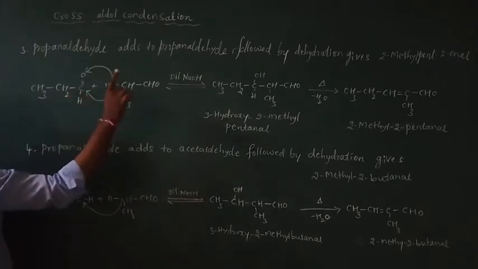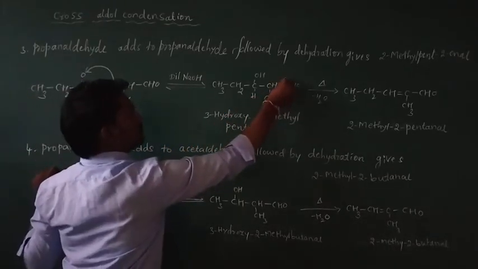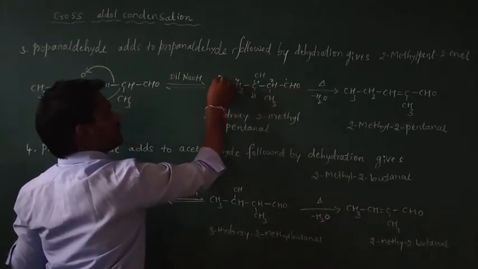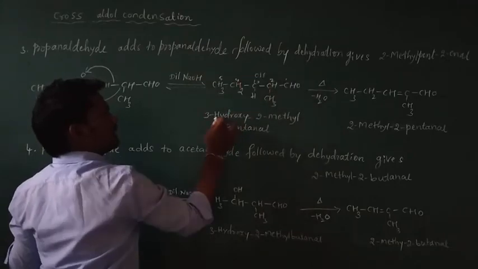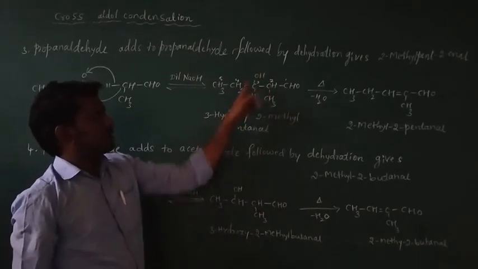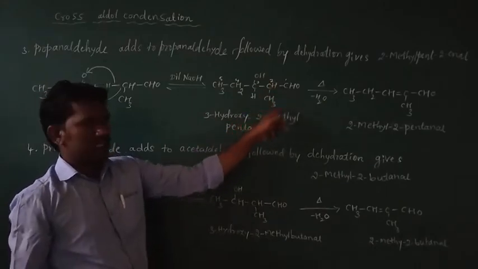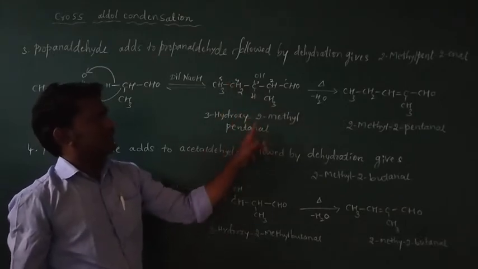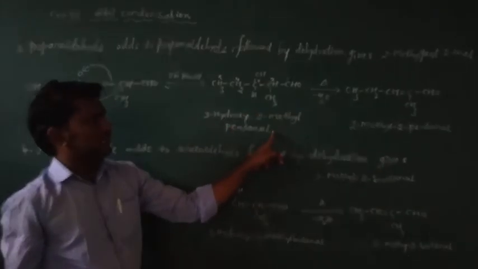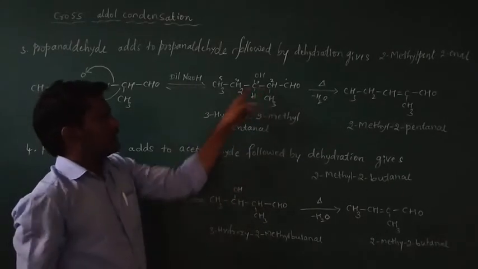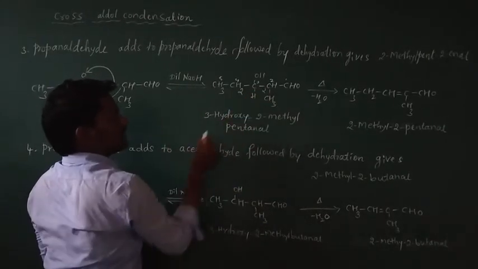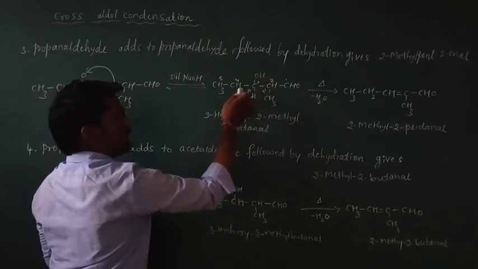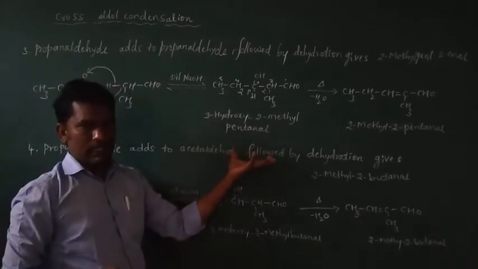Carbon number 1, 2, 3, 4, 5: the third carbon contains OH, so it is 3-hydroxy, with a 2-methyl branch, on 5 carbons, pentane, CHO as aldehyde, pentanal. In this compound it is alpha and beta, a beta hydroxy aldehyde, also called an aldol compound.